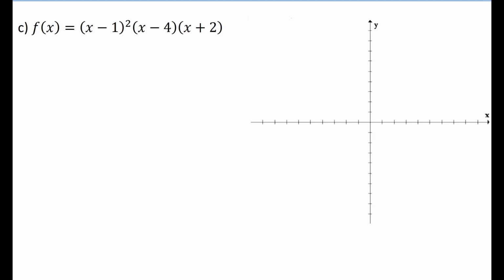Okay. So we have f of x equals (x minus 1) squared, times (x minus 4), times (x plus 2). It's fourth degree.